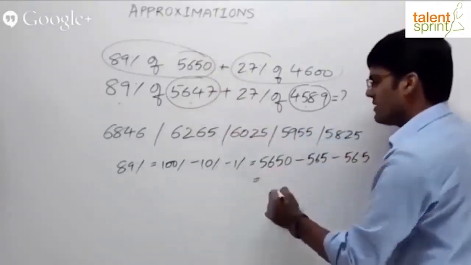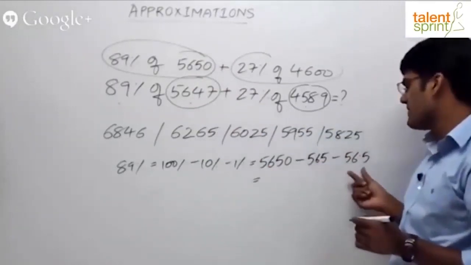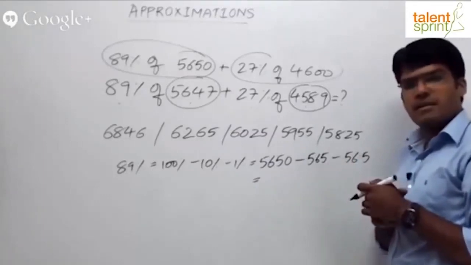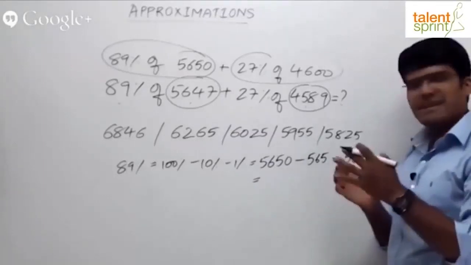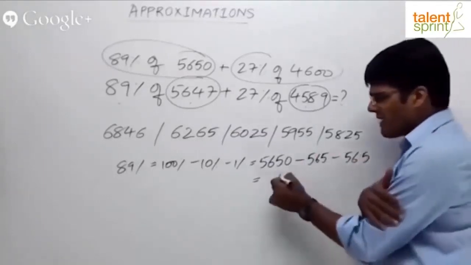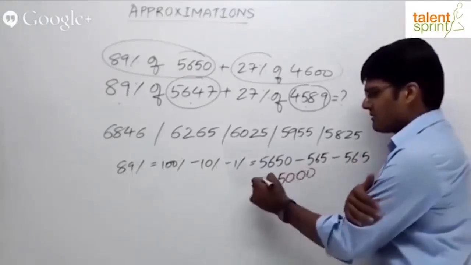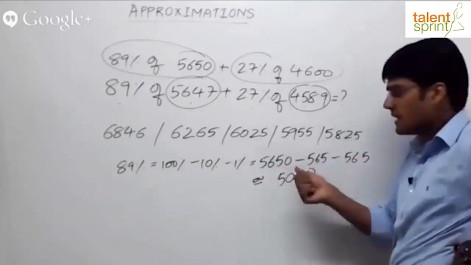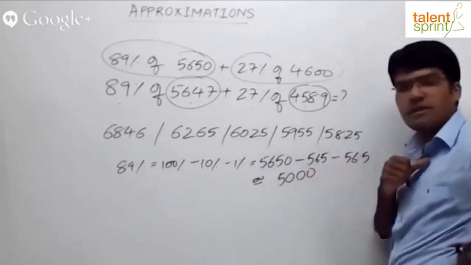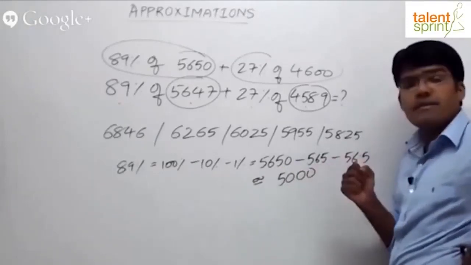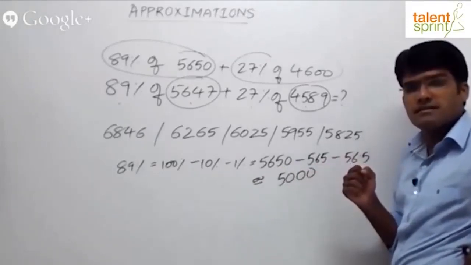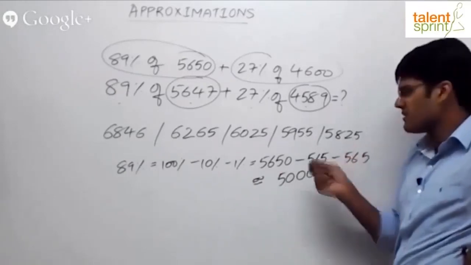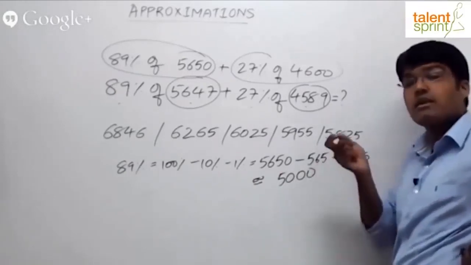So what will this be? 5,650 minus 565 minus 56.5. 565 and 56.5, how much is that? Around 620. So I can say this is going to be close to 5,000, slightly more than 5,000 in fact. 565 and 56.5 is going to be close to 620, or 620.5, 621.5.